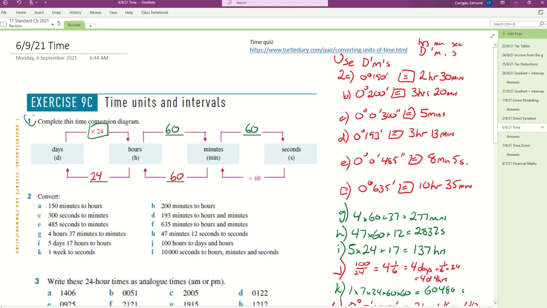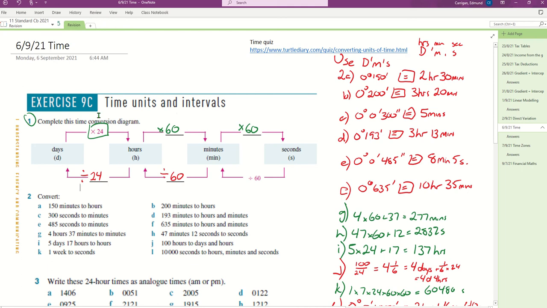For question 1 up the top here, we're simply filling in our conversions. So we have times 60 minutes in an hour and times 60 seconds in a minute, and then going back the other way, we are dividing. We divide by 60 when we go from minutes to hours, and by 24 when we go from hours to days.